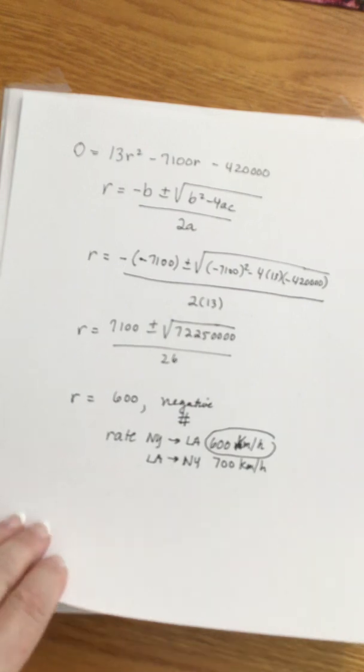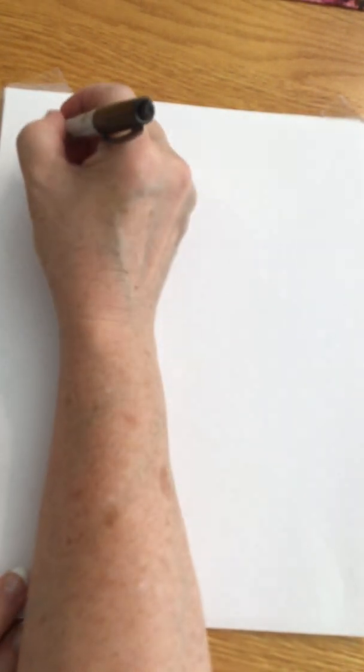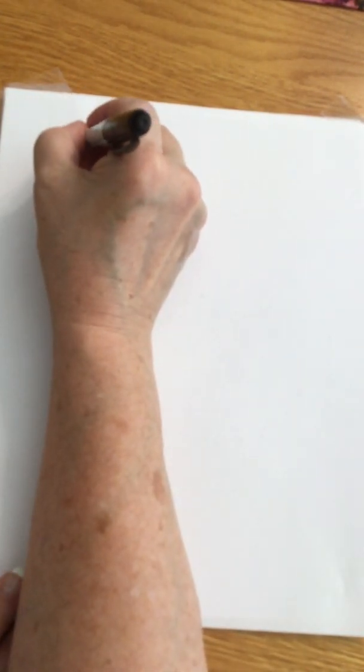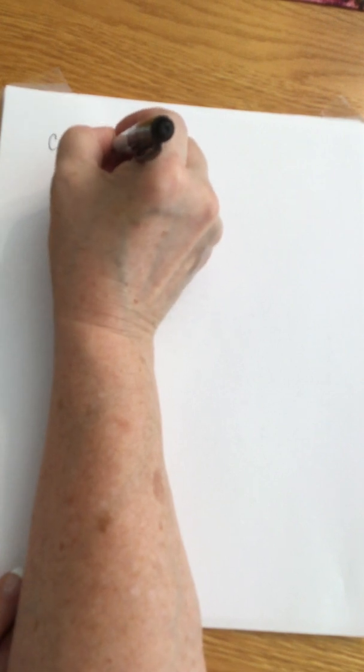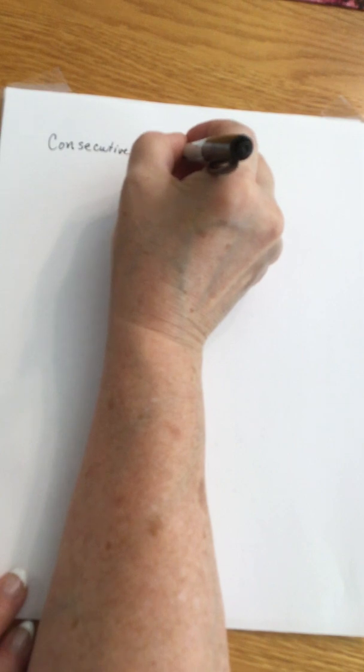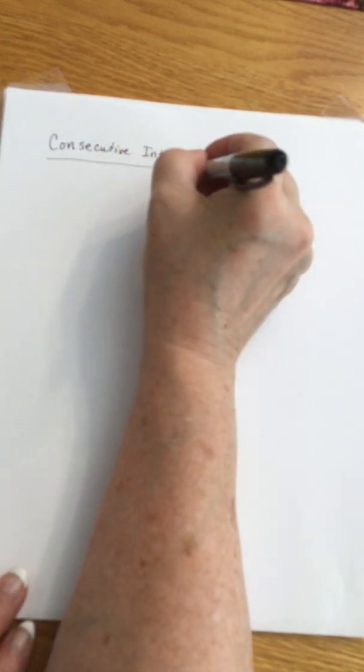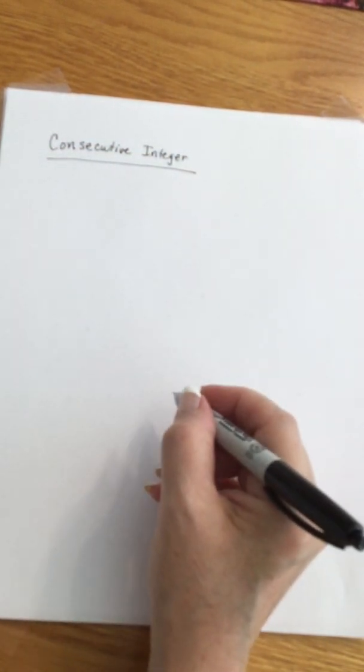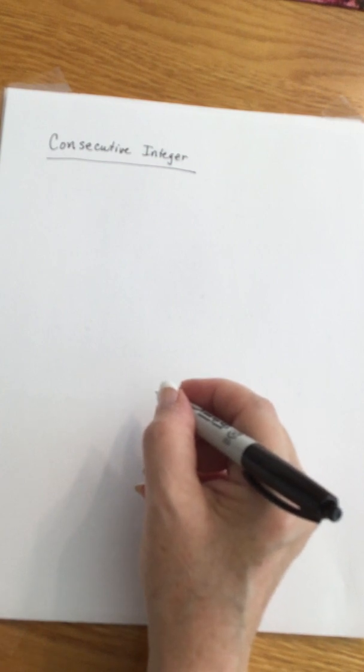Okay, the next one we're going to look at is what we call consecutive integers. Now, consecutive means one right after the other.